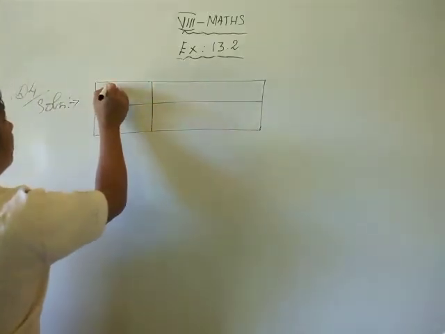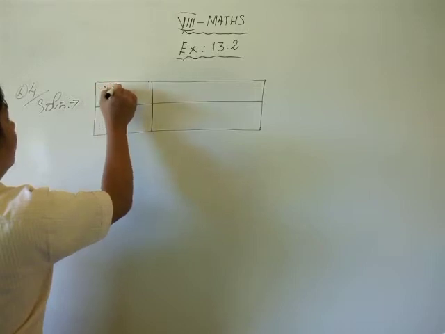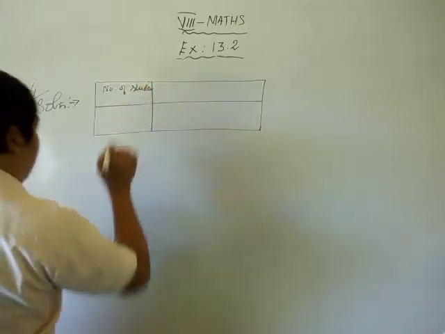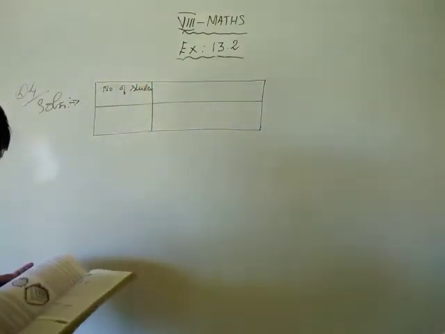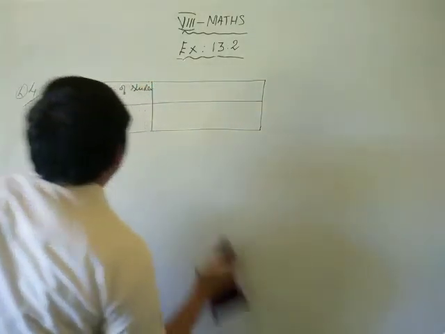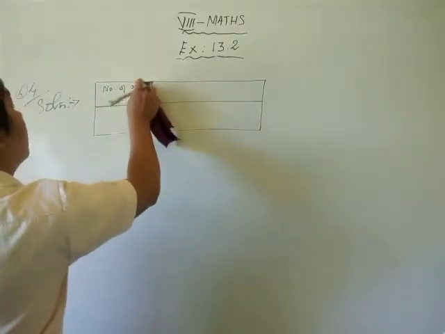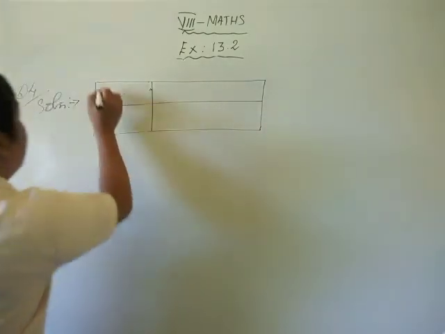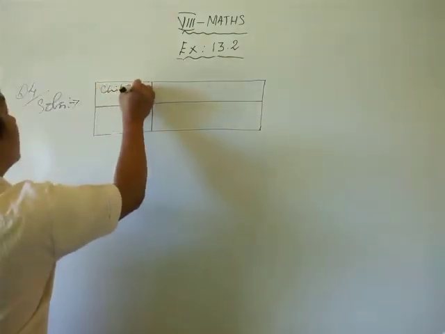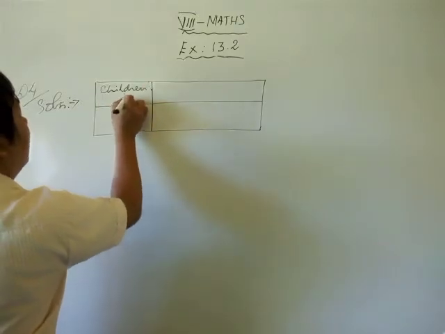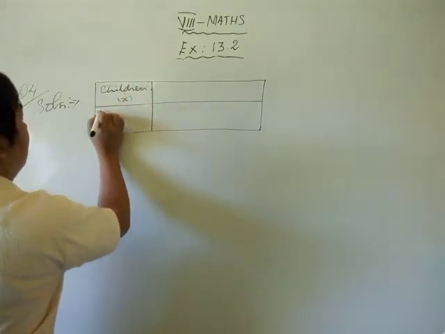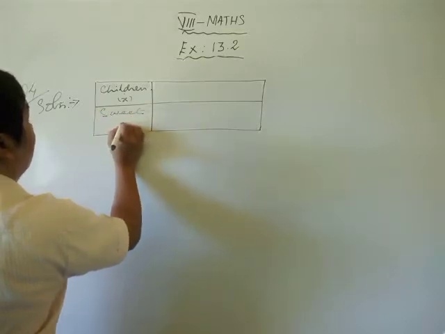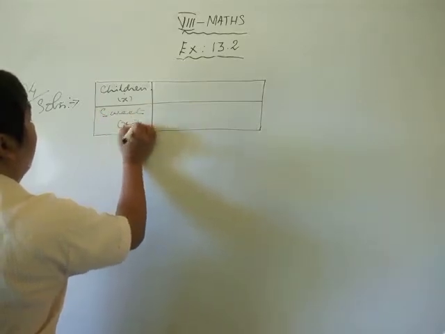Let us write the number of children as the x value, and sweets as the y value.